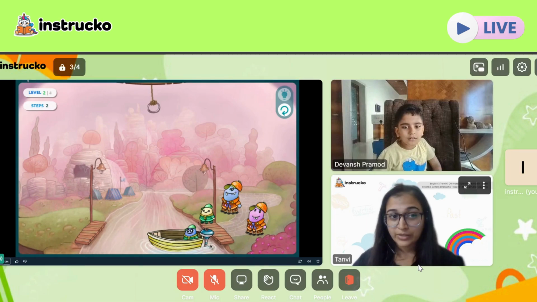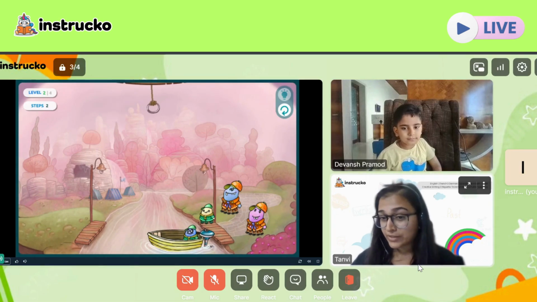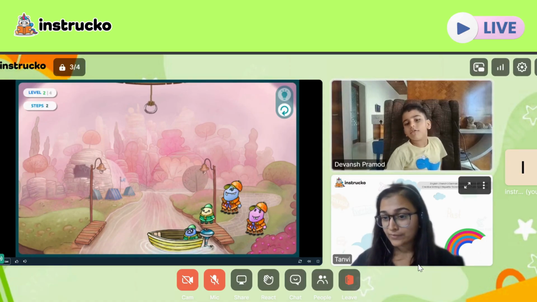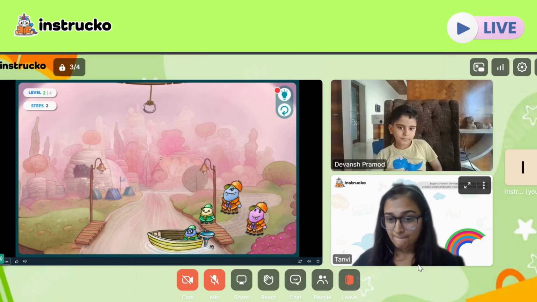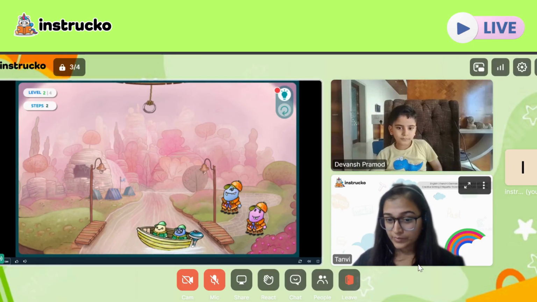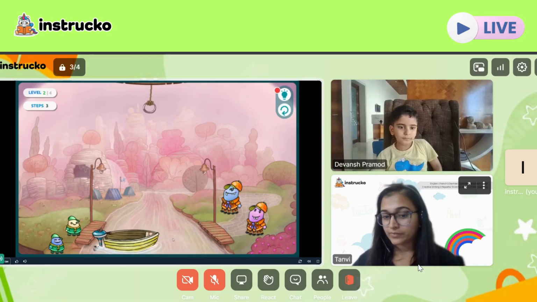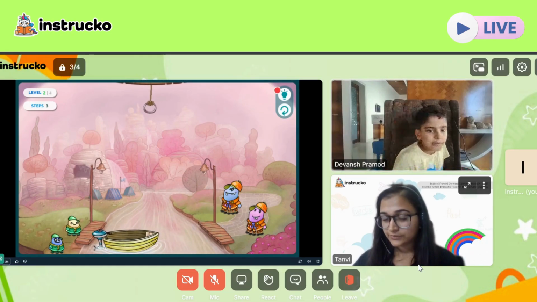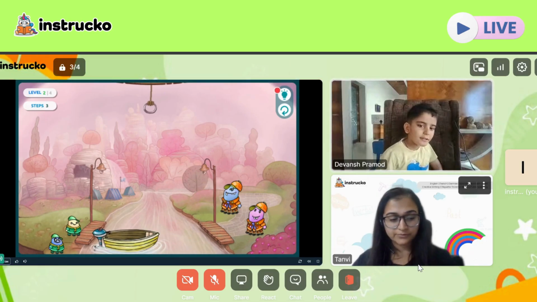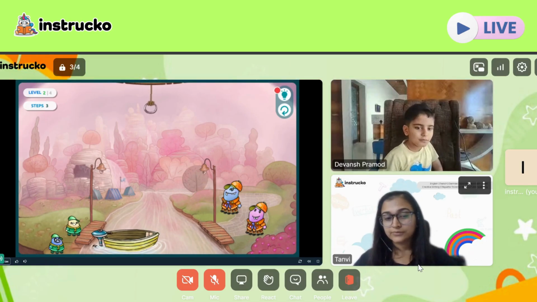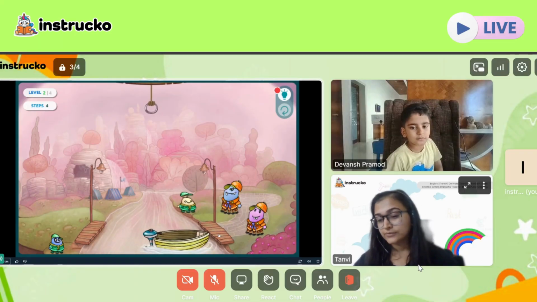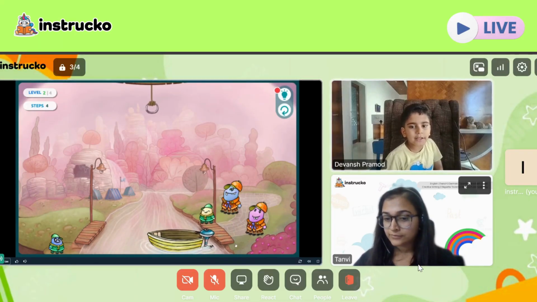That's not the rule. It says the little ones can go together, but the big one has to go alone, one at a time. So they go together, and then the first little one will drive back alone, and then the little one will take the big one.